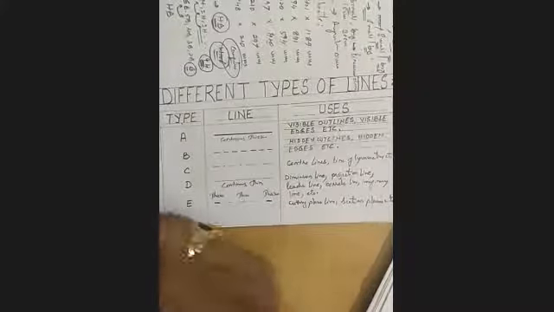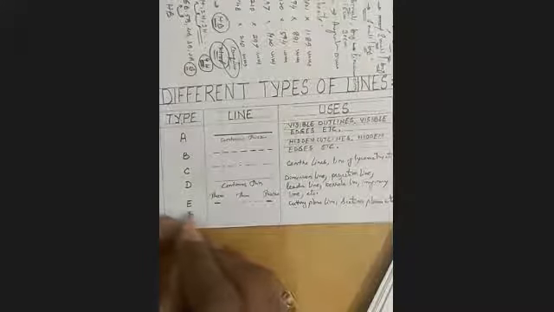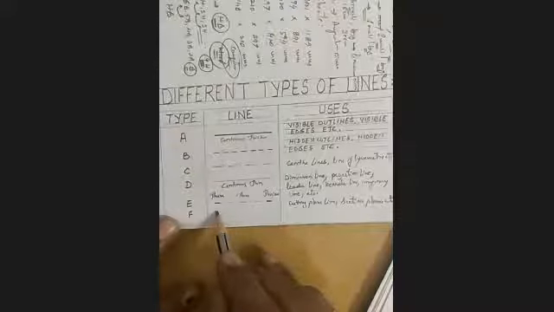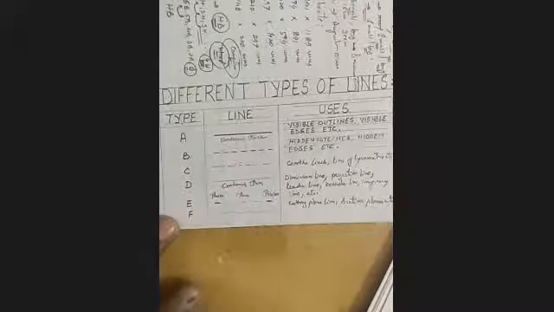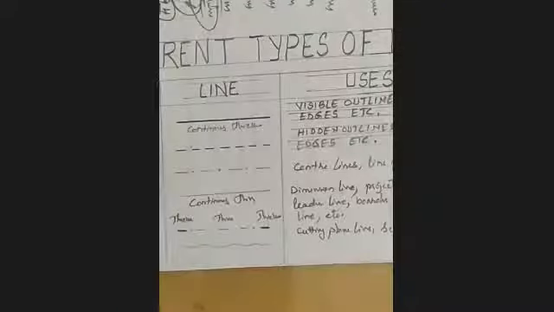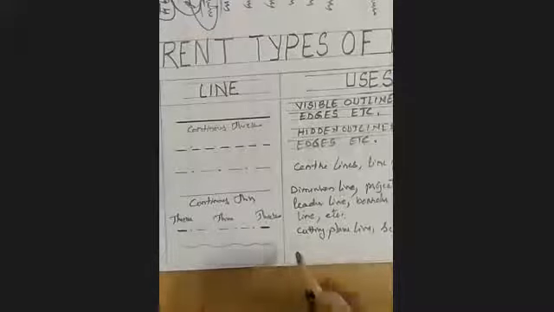Next, F. Simple. Can you see it? Yes, sir. See, a simple line, a freehand sketch, no scale. It should be a freehand sketch. Shall I write its applications?